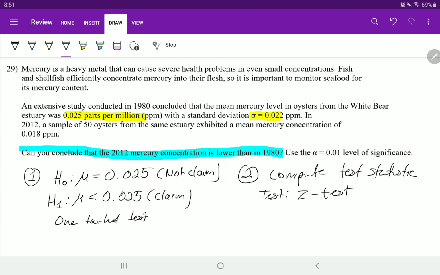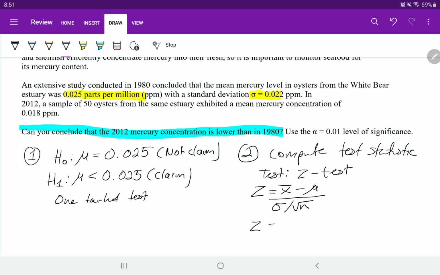When sigma is known, we use z-interval, z-critical values, z-test. In the z-test formula, z equals your sample mean minus the population mean, divided by your population standard deviation, which is divided by the square root of the sample size.